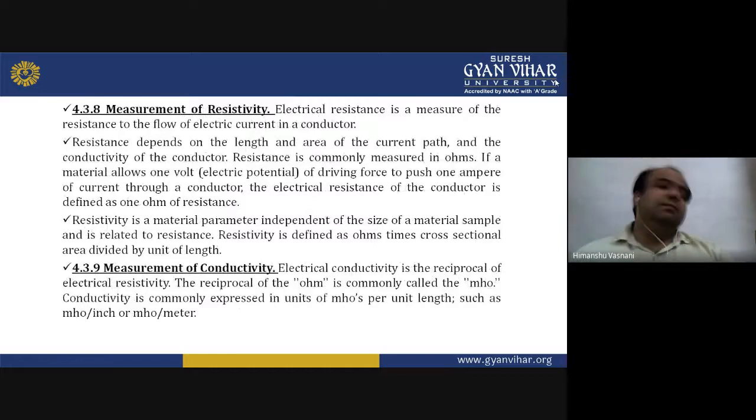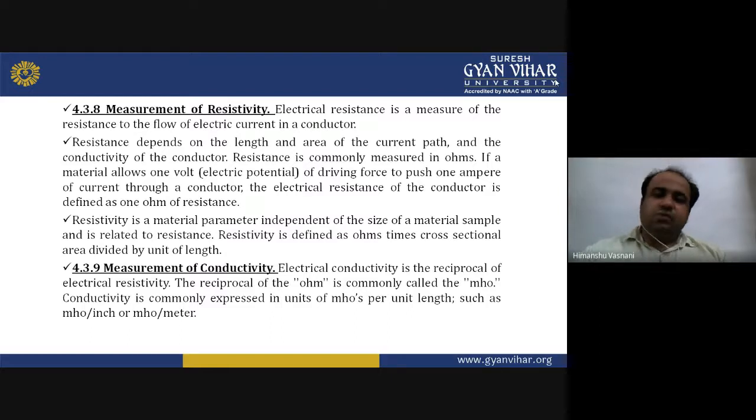Now, the measurement of resistivity. Electrical resistance is a measure of the resistance to the flow of electric current in a conductor. Resistance depends on the length and area of the current path and the conductivity of the conductor.